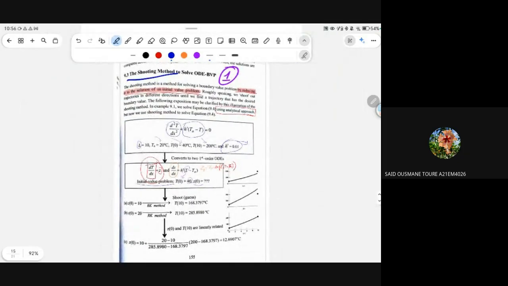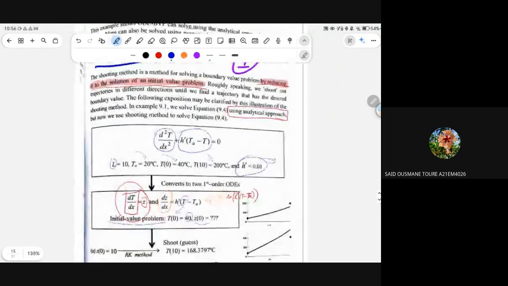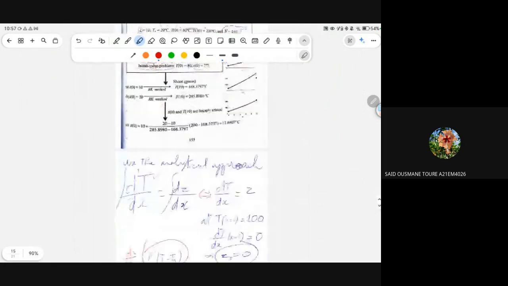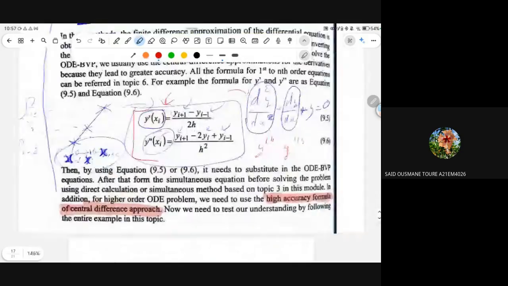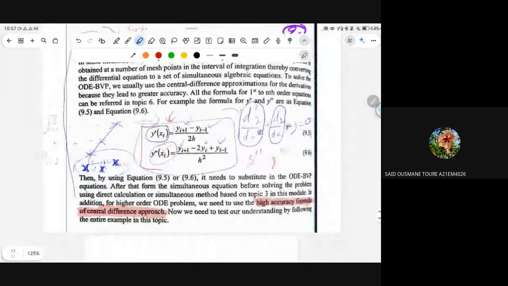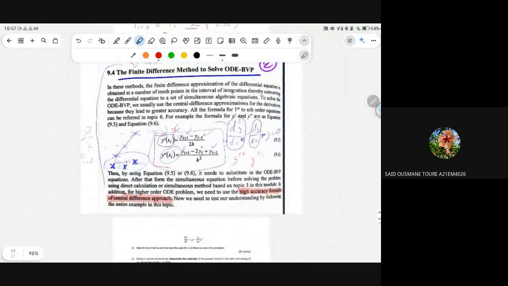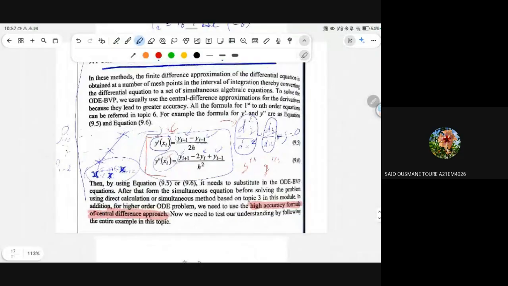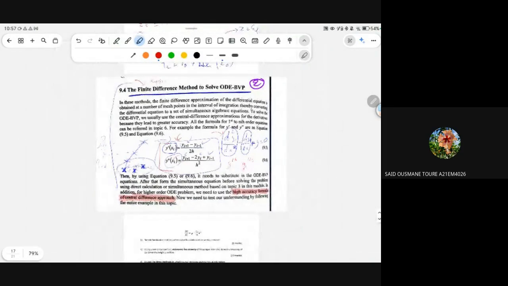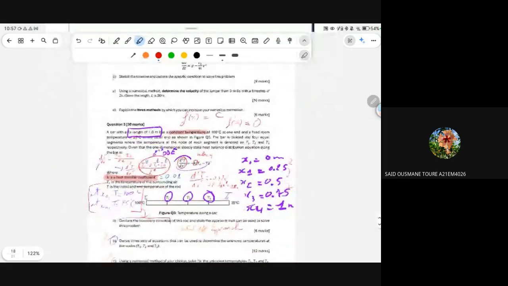Just make sure you know what approach this is, which is the analytical approach, and then you're good, inshallah. Most importantly, memorize these two equations, the first and second derivatives, so that whatever they give, you can substitute it in the equation that they will give you, just like this one.